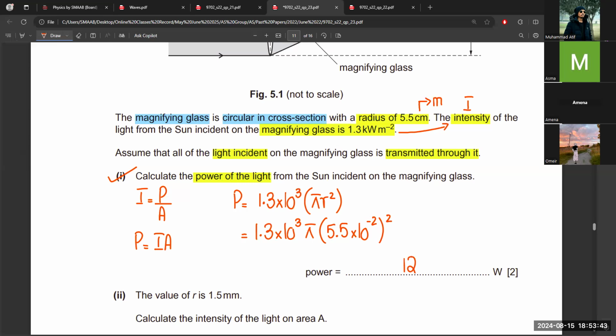So you may also check your answer. Are you getting the same? 1.3 exponent 3 multiplied by 5.5 exponent minus 2.